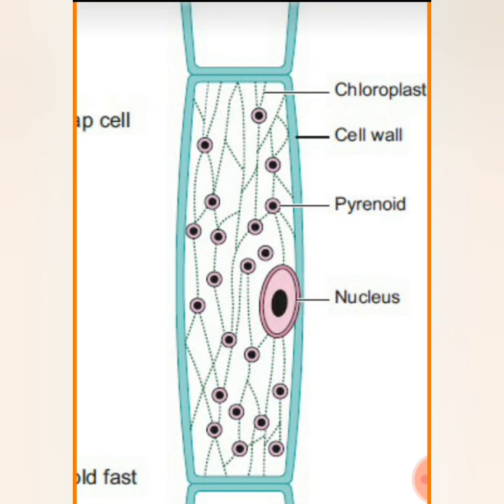Also, you can find here these pyrenoids. Pyrenoids are a kind of micro compartment present in the chloroplast of algae.